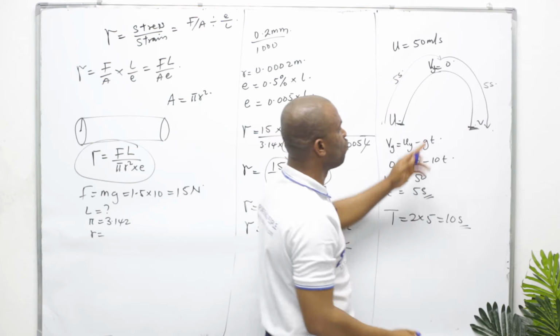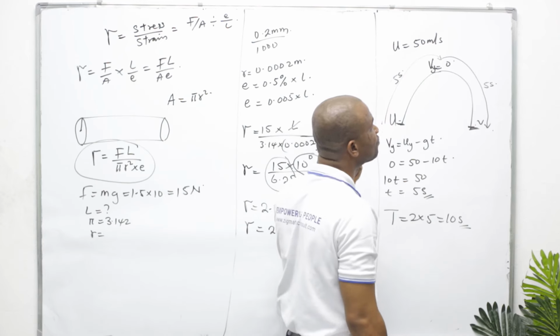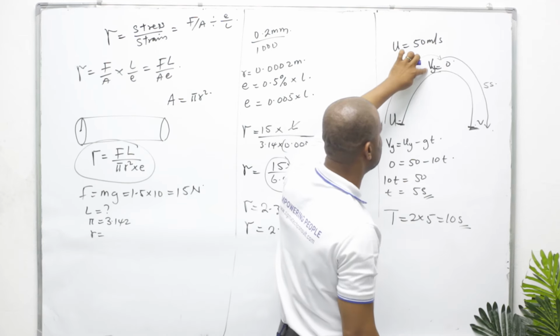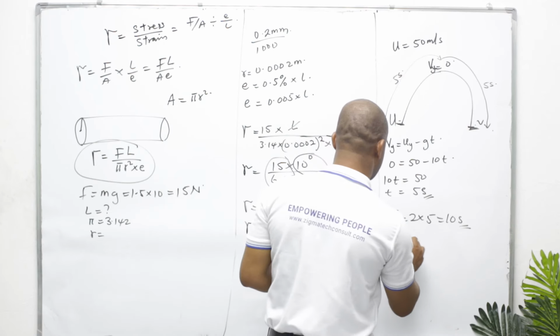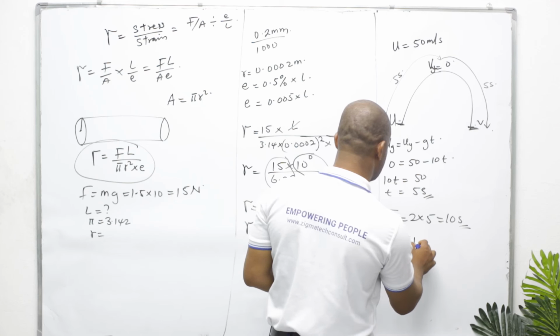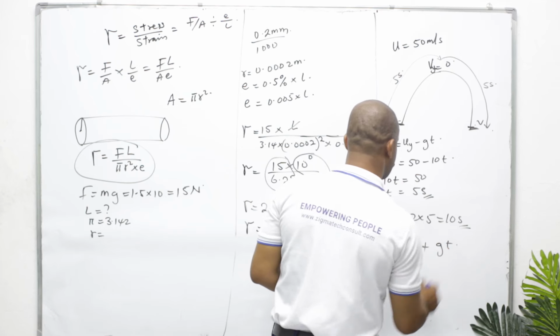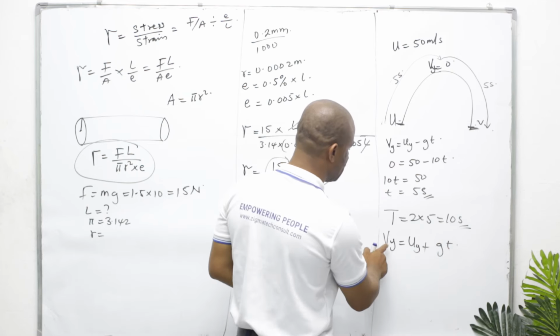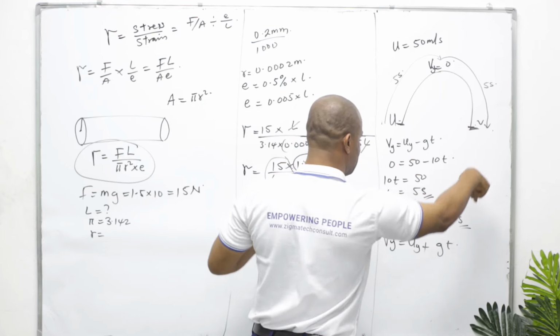Now the question is, what is the velocity with which it strikes the ground? So if I call this one 0, Vy is going to be equal to uy plus gt. This final velocity I'm looking for, because I'm moving this way, it's plus.